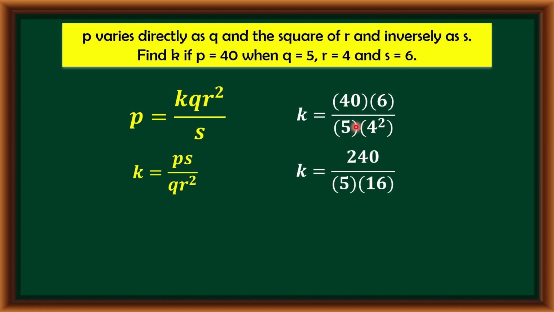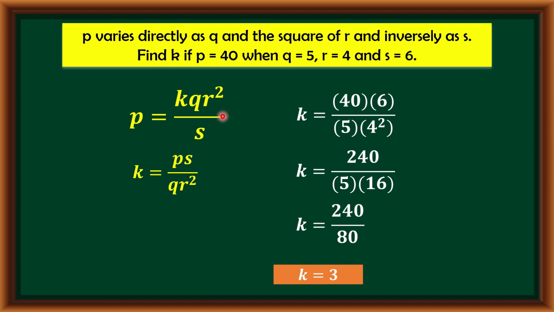Simplifying that one, we have 240 over 5 times 16. And 5 times 16 is equal to 80. Therefore, we have K is equal to 240 over 80. And 240 divided by 80 is equal to 3, and that is the constant of our variation or the value of our K. So again, you have here two choices in finding the constant of variation.